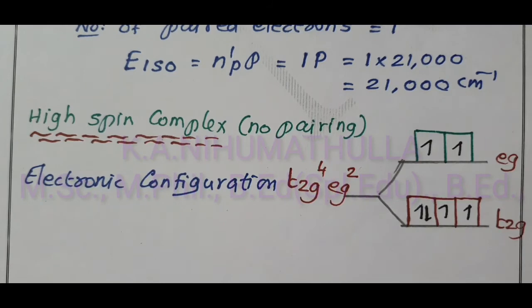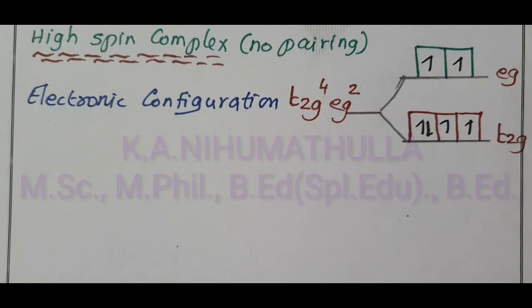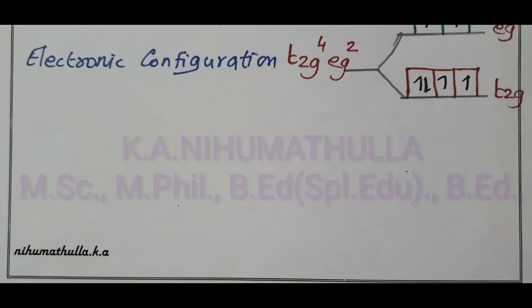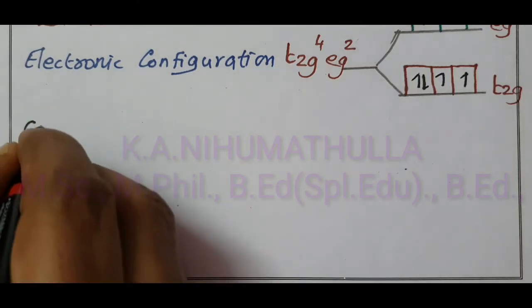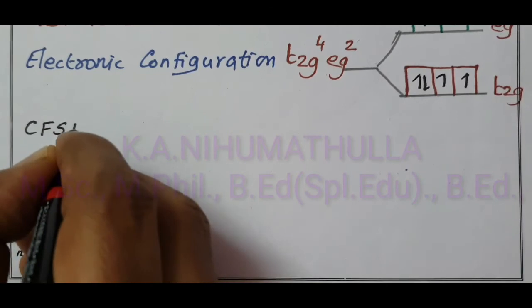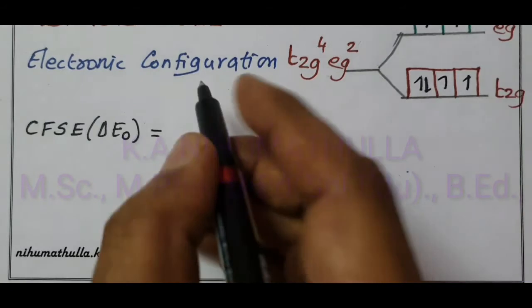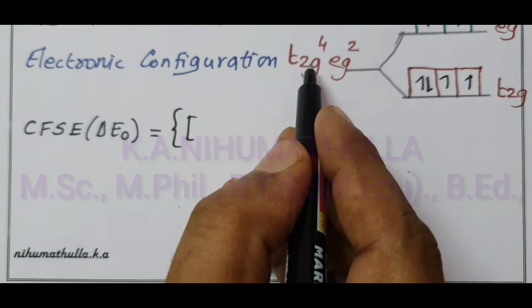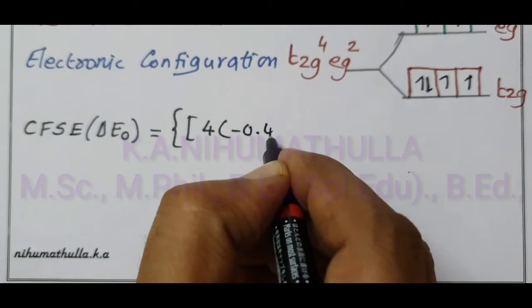Now using this, how to calculate the crystal field stabilization energy? Using this electronic configuration, we can write the CFSE, ΔE, for octahedral complexes: number of electrons in t2g is 4, times minus 0.4, plus number of electrons in eg is 2, times 0.6, times delta octahedral, plus the number of paired electrons 1 times the pairing energy, minus E isotropic, which we have calculated.